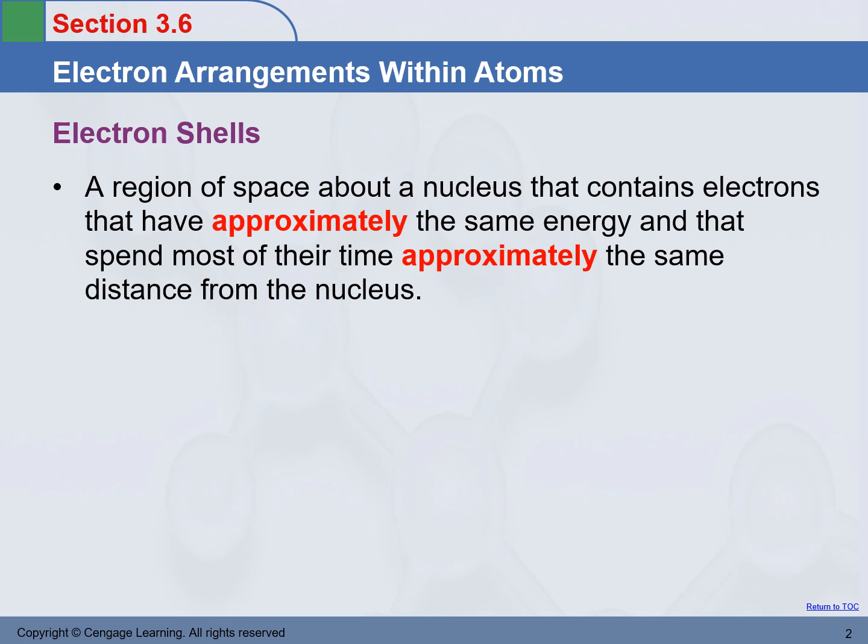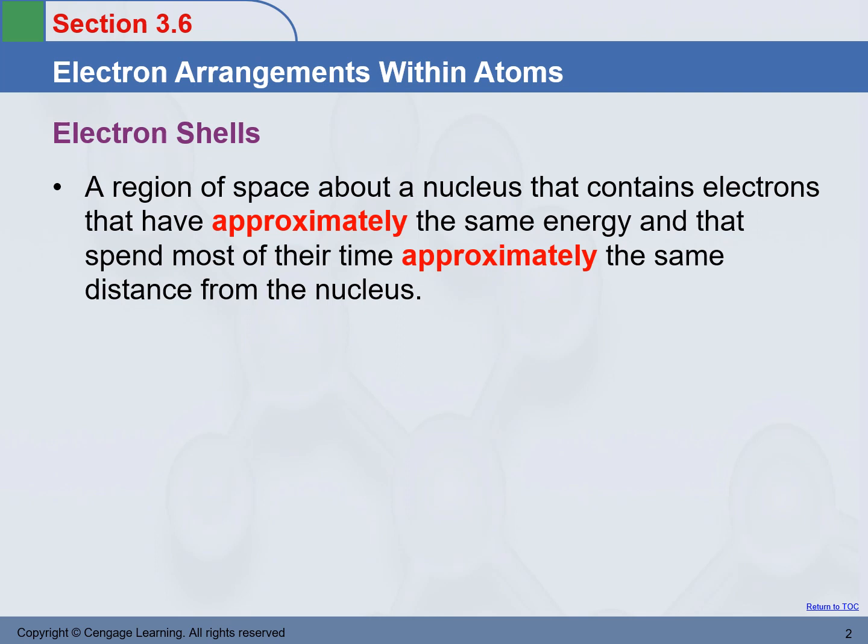You don't see the word approximately very often in a scientific definition or description. Normally scientists don't give you too much room to move back and forth from the definition. However, here they have to put it in, because they want you to believe electrons in the same shell have the same energy and are the same distance from the nucleus.